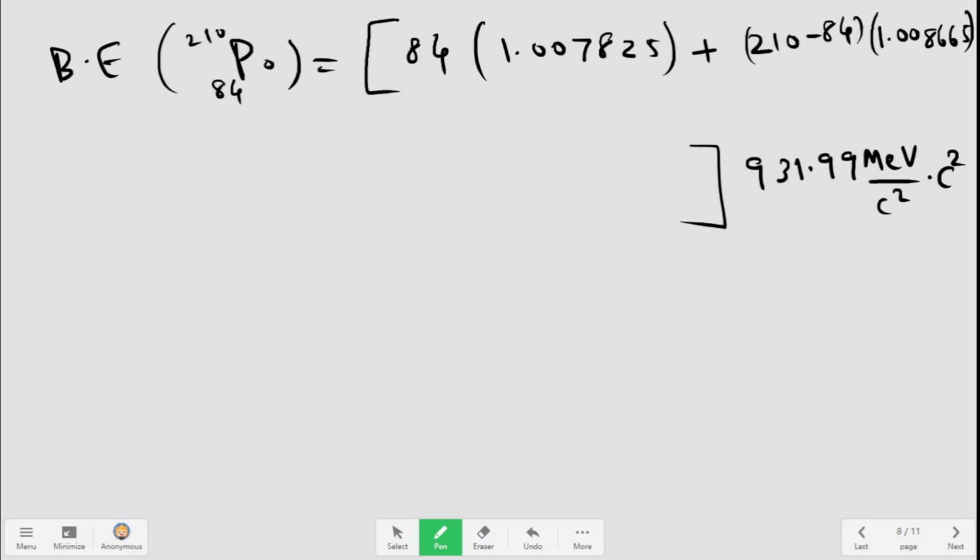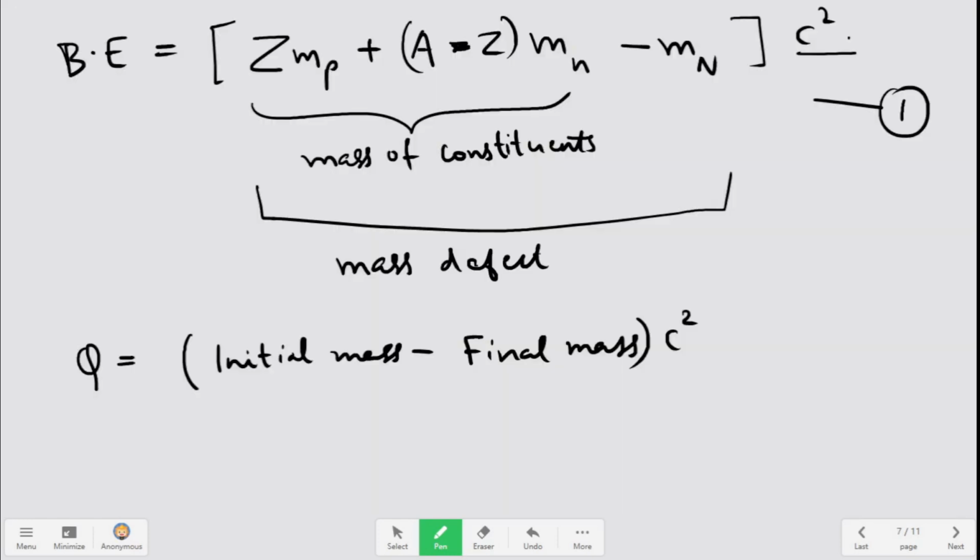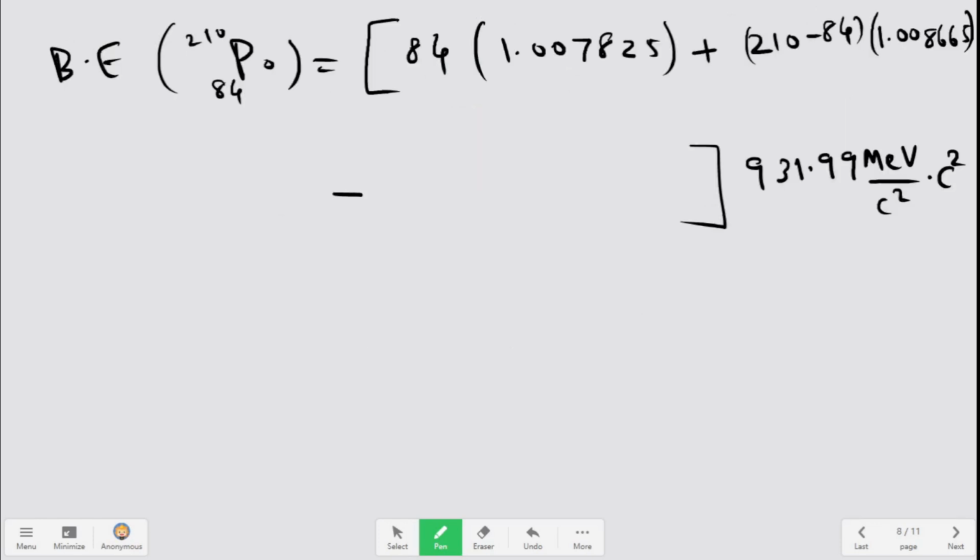And finally we have mass of polonium-210, which is to be subtracted. Mass of polonium-210 is 209.982876.